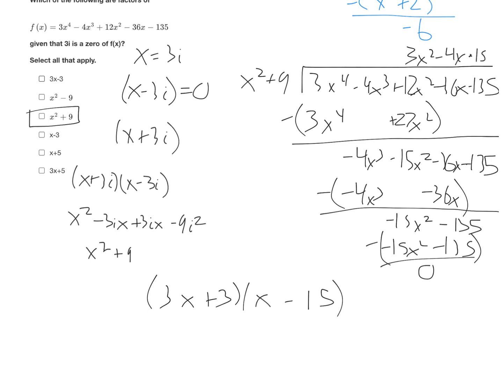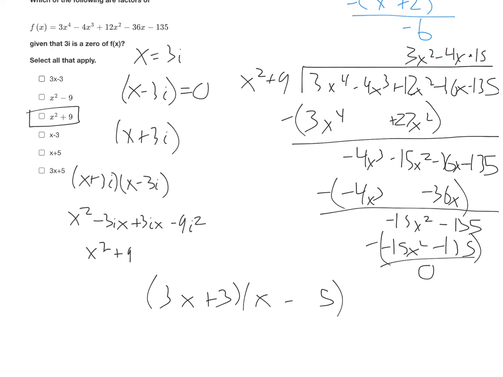Let's fix that. I was thinking too far ahead of myself. That should have been a 5. So I'm multiplying here 3 times negative 5, which is negative 15, and then just adding 3x to that. So that's not going to get me all the way down to the negative 4.